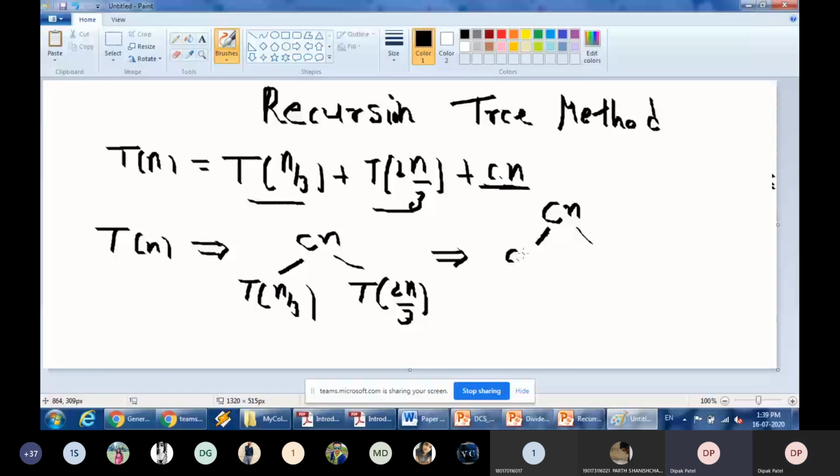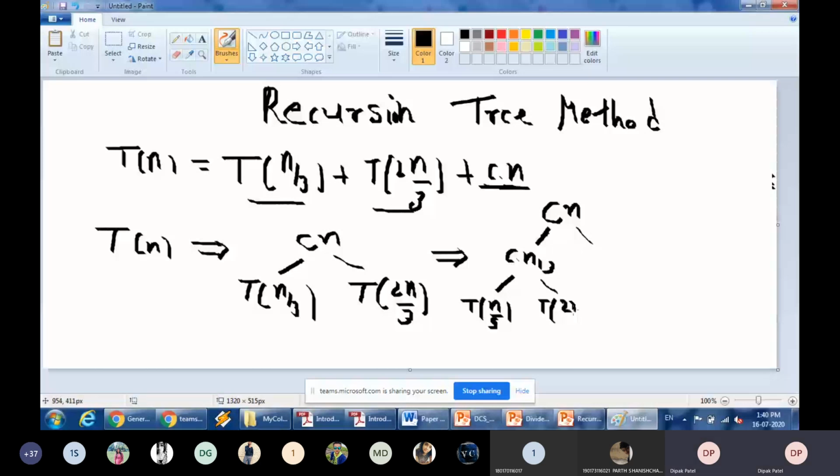What will be the recurrence? Because the left hand side part we multiply by 1 by 3, so we'll have n by 9. On the right hand side we multiply by 2 by 3, so we'll have T(2n/9).